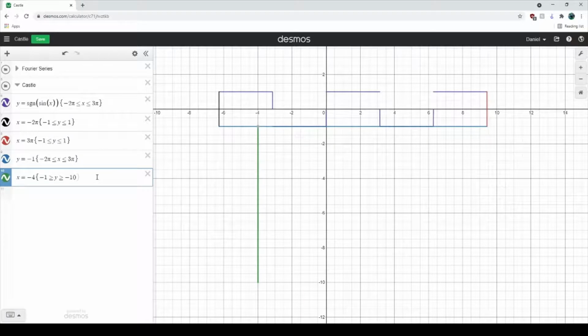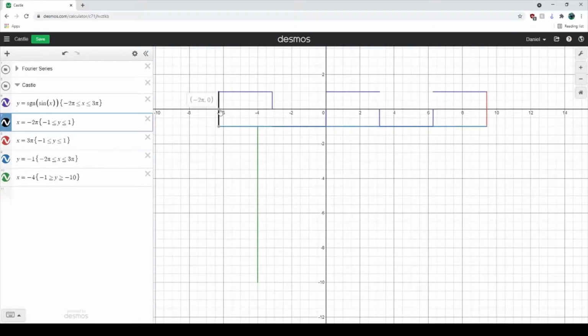Alright, now the challenge of figuring out where we want this other line to be. So we need a difference between minus 2 pi and minus 4. That's the same difference as doing 2 pi minus 4.